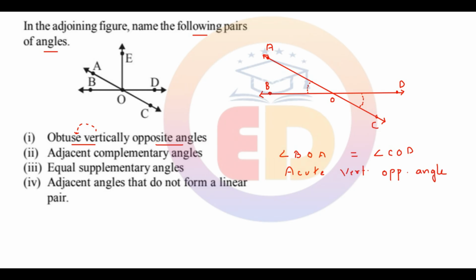However, if you look at the other pair of vertically opposite angles, which is angle AOD and angle BOC, you can see that these two angles are obtuse. So we can call them obtuse vertically opposite angles. Our answer will be: the vertically opposite angles which are obtuse are angle AOD and angle BOC.